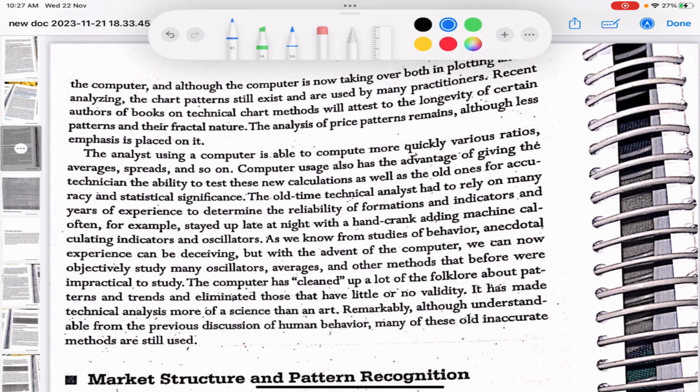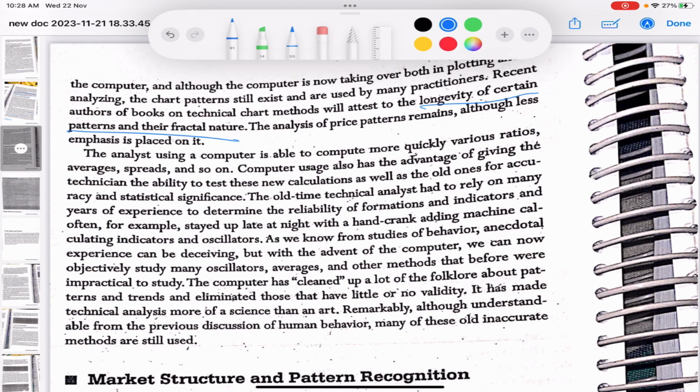When you talk about the longevity of certain patterns, that is not true for all patterns. Some patterns might be true now and even 10 years later, but some of them might not be true later. When you talk about computers, they are very good at quantifying normal stuff, like finding the ratio of today's close with yesterday's close.